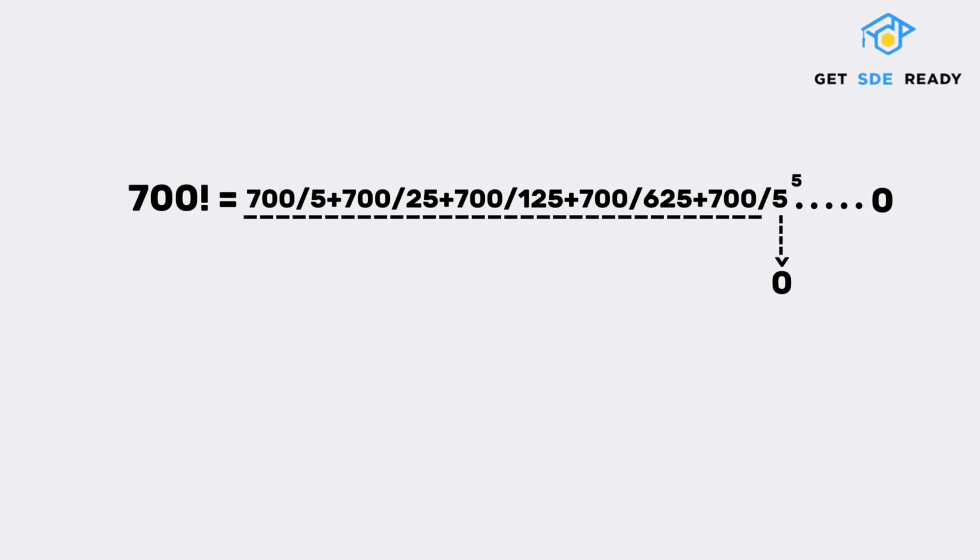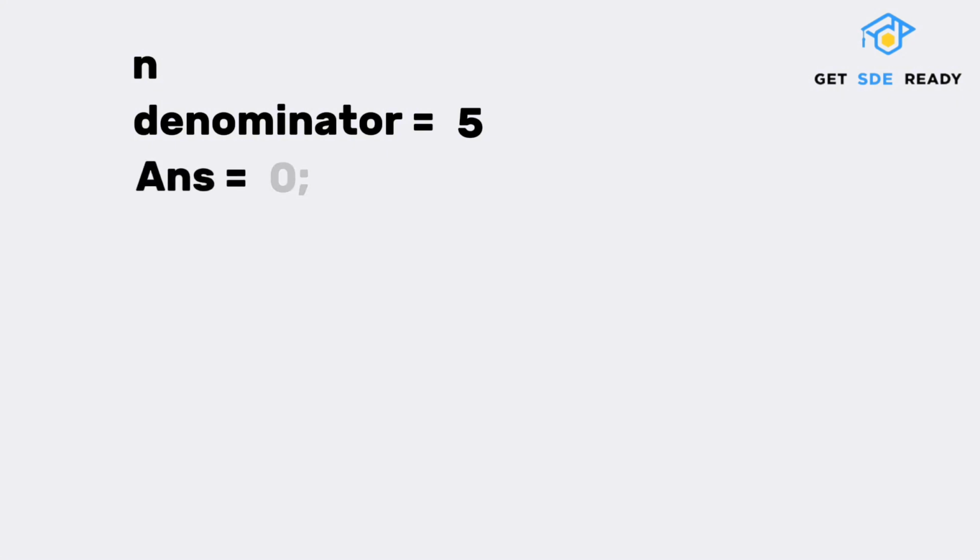So what we can do is, let's write pseudocode for this. Let us say you're given a number n. You can initialize your denominator to 5, and initialize your answer to 0, right? What you have to do is keep on fetching out zeros out of this number n.